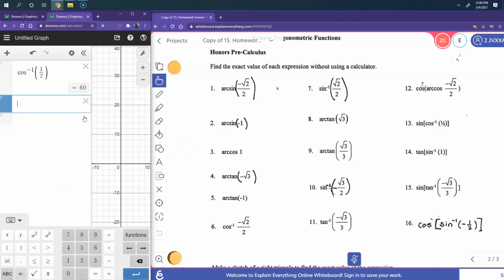So we're going to write down arcsine of negative square root of 2 divided by 2, and that's going to give us negative 45. We divide this by 180, and so you know it's going to be negative pi over 4.